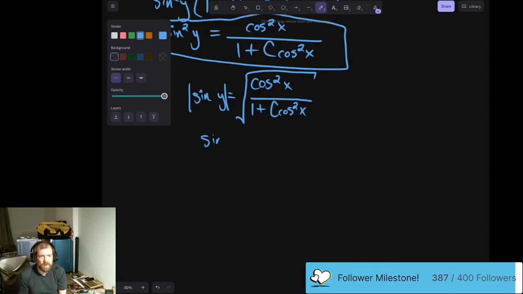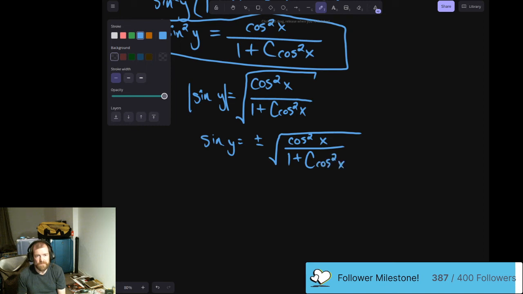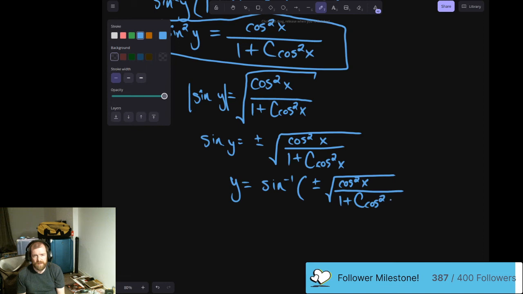So therefore, sine of y is going to be equal to plus or minus the square root of this thing, and therefore y is equal to the inverse sine of plus or minus the square root of cosine squared x divided by 1 plus c cosine squared x.